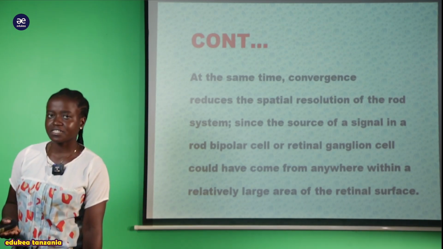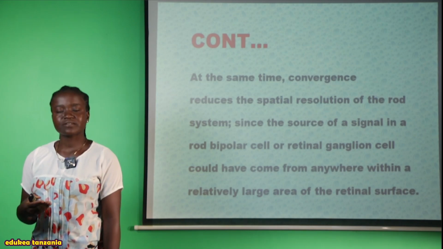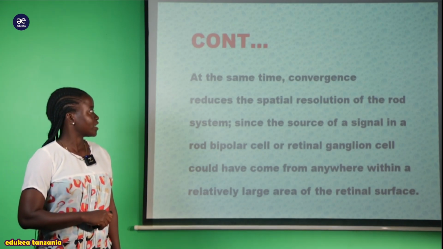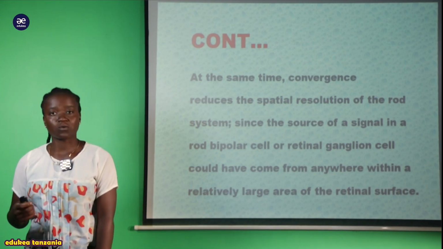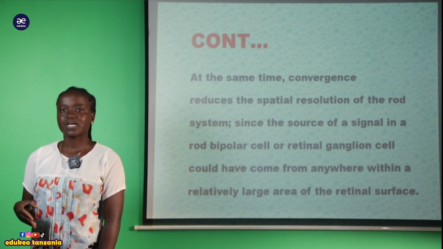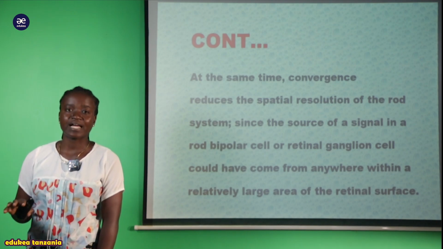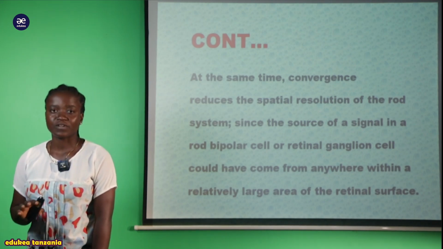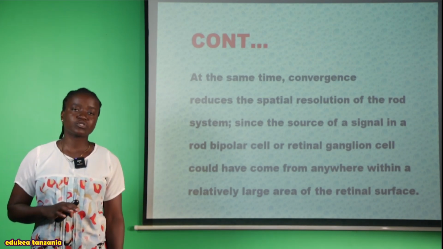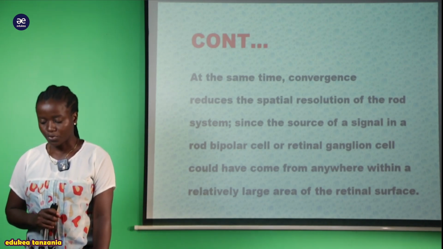Kwa ile convergence ambayo inatokea kwenye retina, kwenye rods, ndio tunasema kwamba kwenye rods panakuwa na low resolution, meaning that the rods lack the ability to differentiate different kinds of color or different details of an object, due to the convergence occurring within the rods.